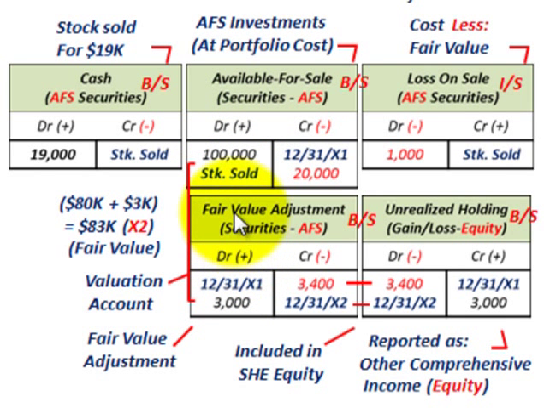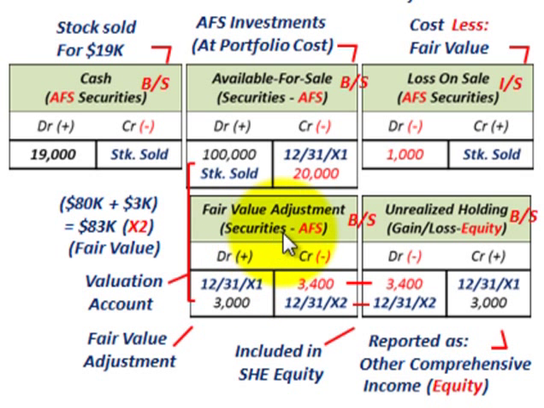So any increases in our fair value adjustment increases our available for sale securities, and any decreases in it reduces our available for sale securities. And with this valuation account, we don't do it directly here into available for sale securities account. We do it in this fair value adjustment account.